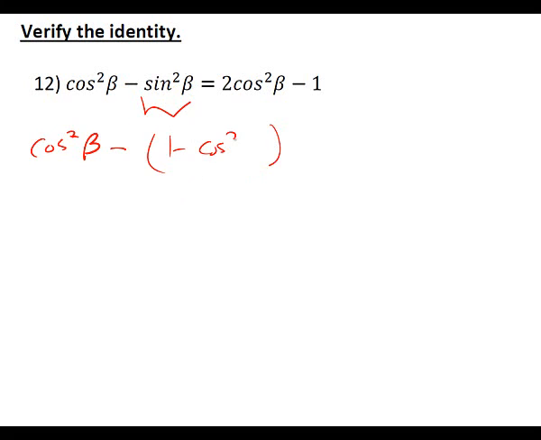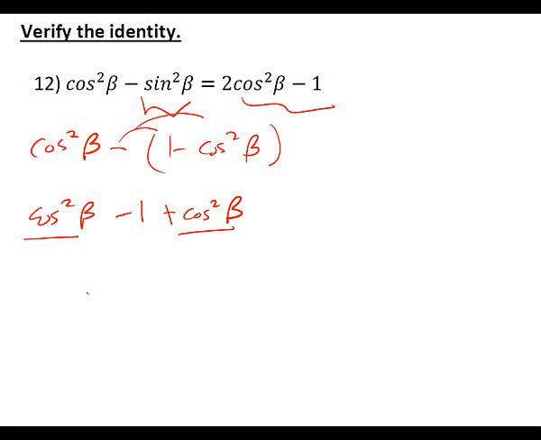And I chose to replace sine squared because my answer is in cosines, so I want to get rid of the sine. What are we going to do with this negative here? We're going to distribute it in. So we've got cosine squared beta minus 1 plus cosine squared beta. What's cosine squared beta plus cosine squared beta? 2 cosine squared beta minus 1.